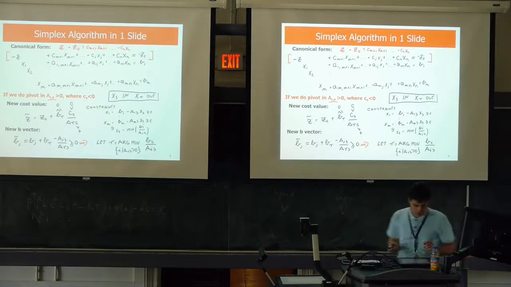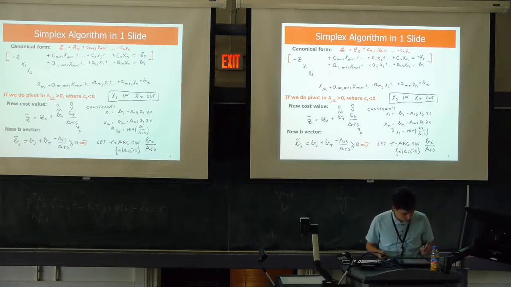Right? So if we do a pivot, say, in (r, s), then you can check that the new cost z tilde will satisfy this equation, and the new right hand side b, the j coordinate of b, will satisfy this equation.